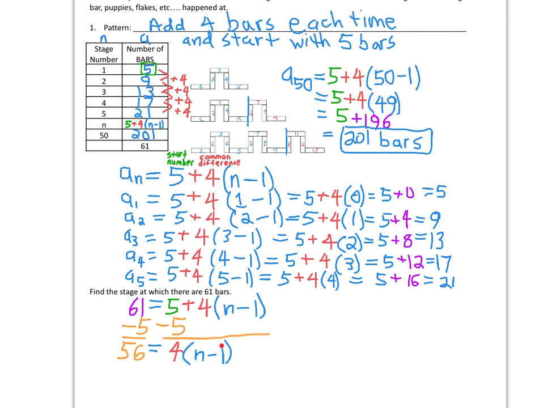Again, 4 times something is 56. We need to figure out what this something part is. So we want to figure this out by doing the opposite sign. Instead of multiplying, we are going to divide. We draw a line underneath and have 56 divided by 4.